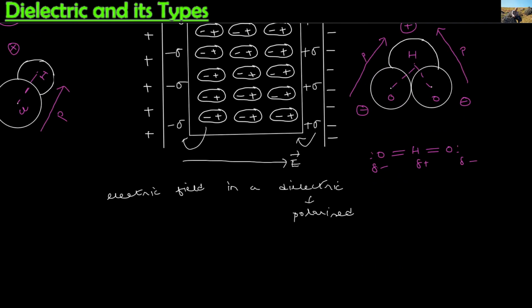And when it gets polarized, there will be creation of induced charge density. All these plus sigma and minus sigma are nothing but sigma I, which is our induced charge density.